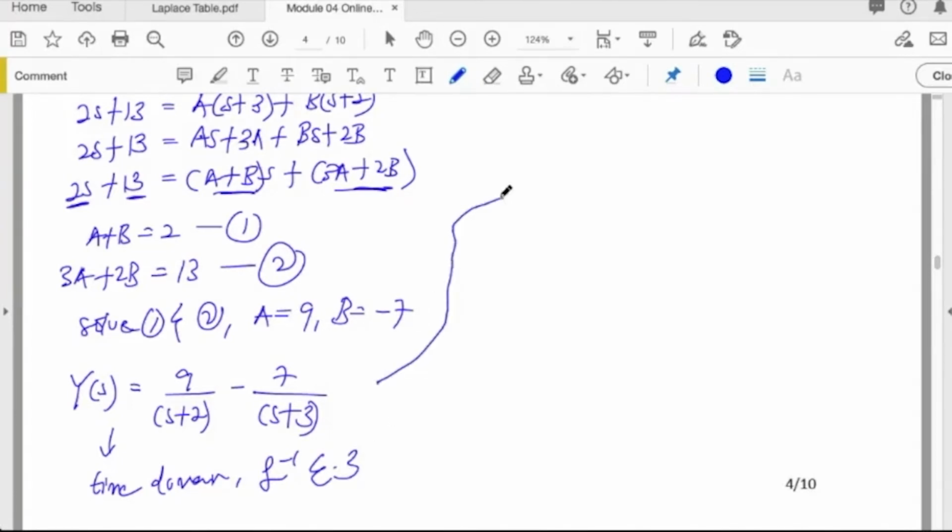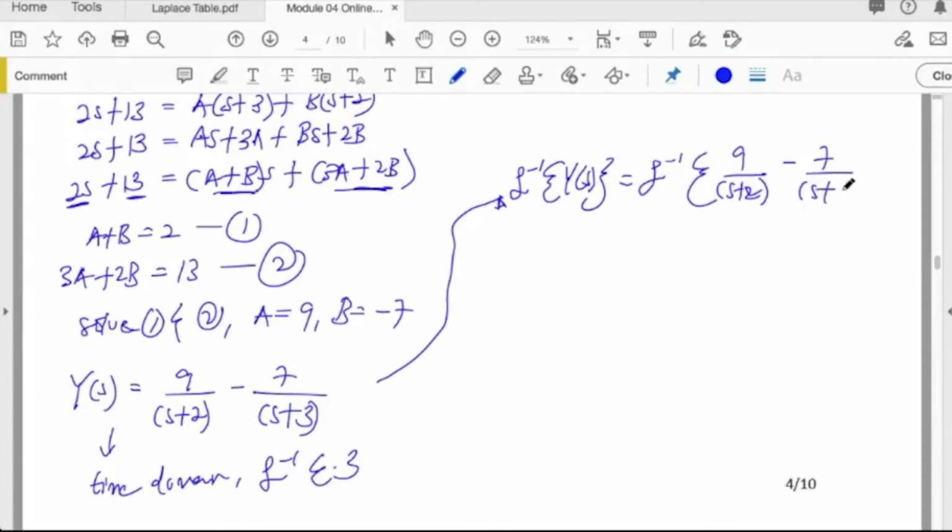So we need to apply inverse Laplace of function Y(s), for 9 over (s plus 2) minus 7 over (s plus 3).